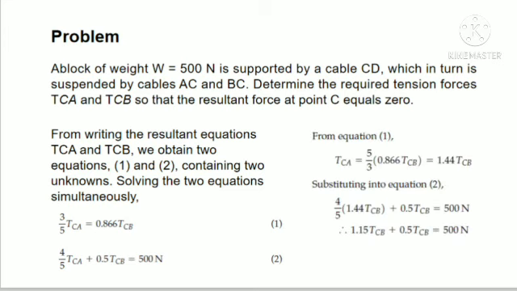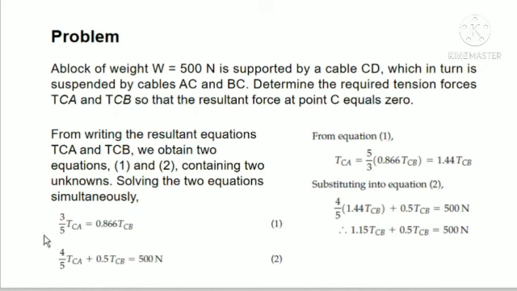So from equation 1, TCA is equal to 5 over 3 times 0.866 of TCB. You might wonder why it became 5 over 3.